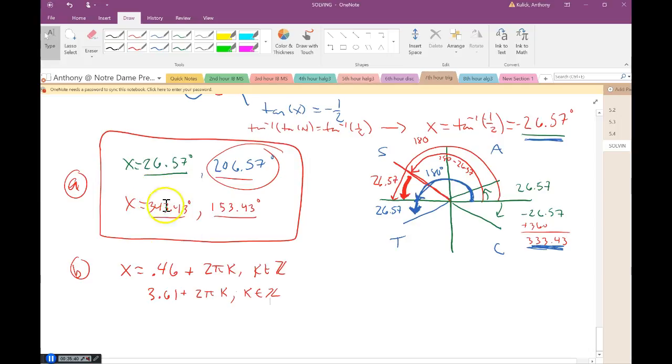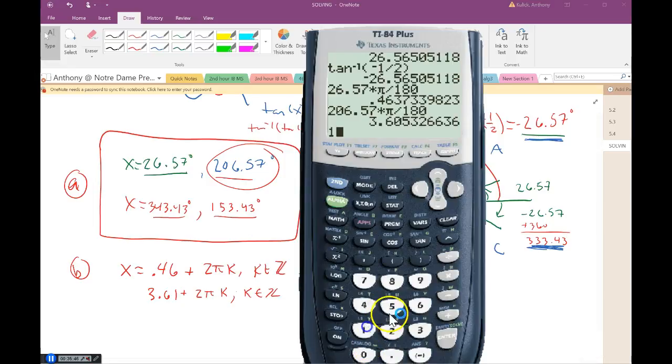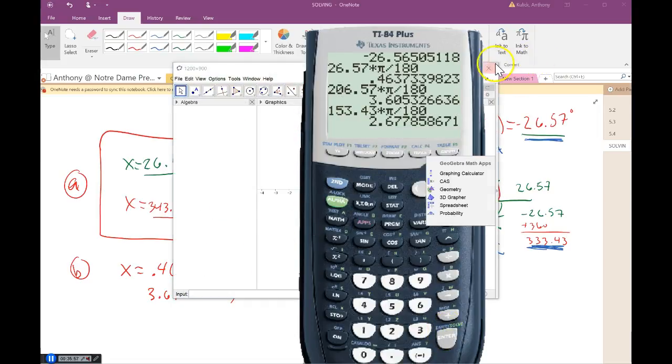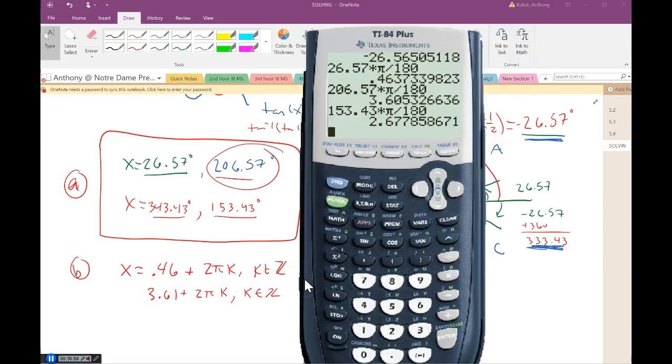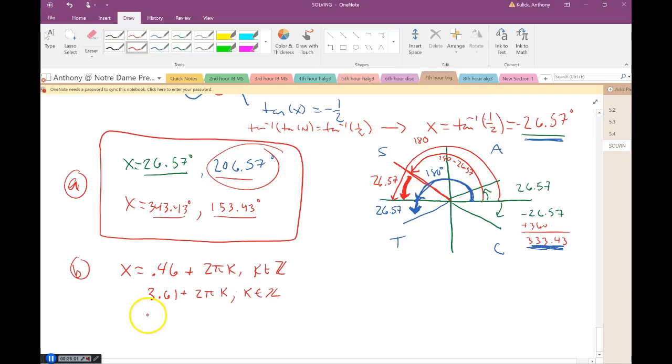And then we'll go to our next answer. So 333.43, that's 5.82.